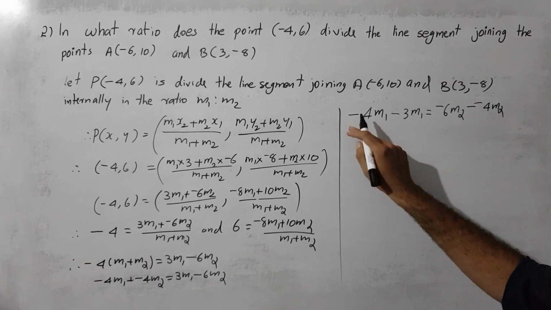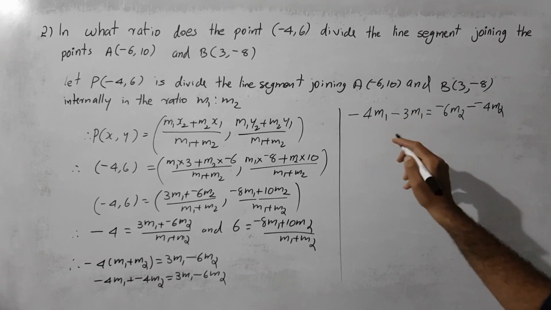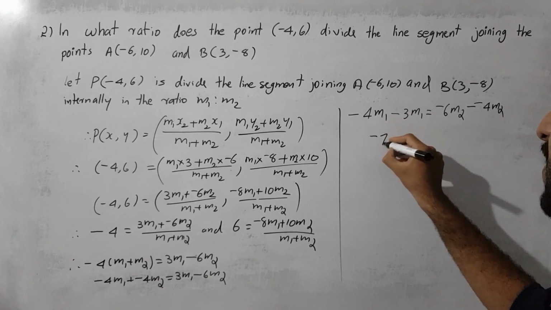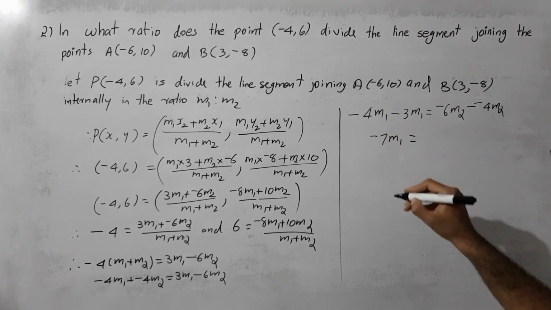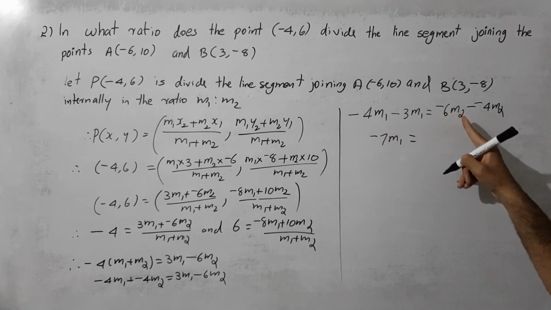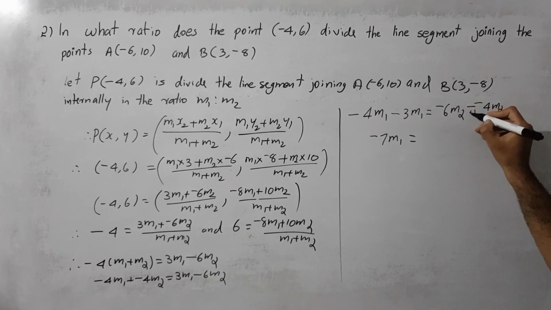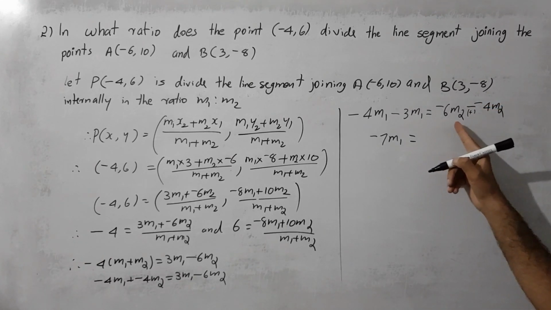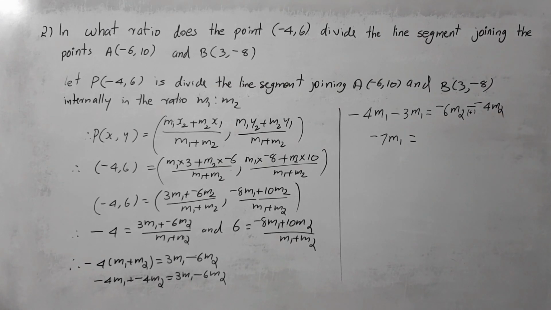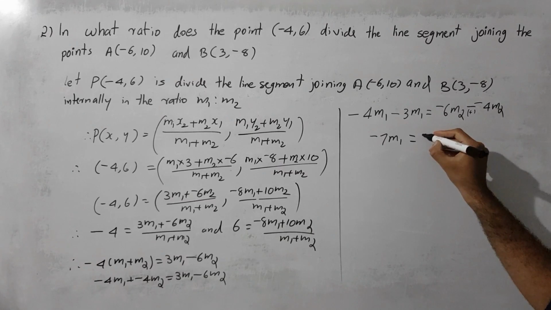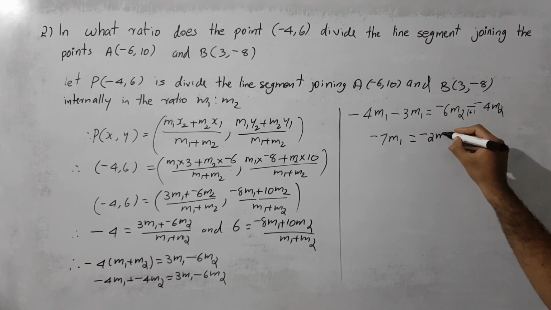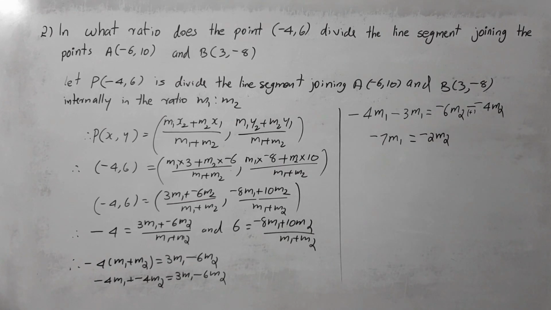Then -4m1 minus 3m1 is -7m1 is equal to -6m2, and minus becomes plus, so -6m2 plus 4m2 is -2m2.